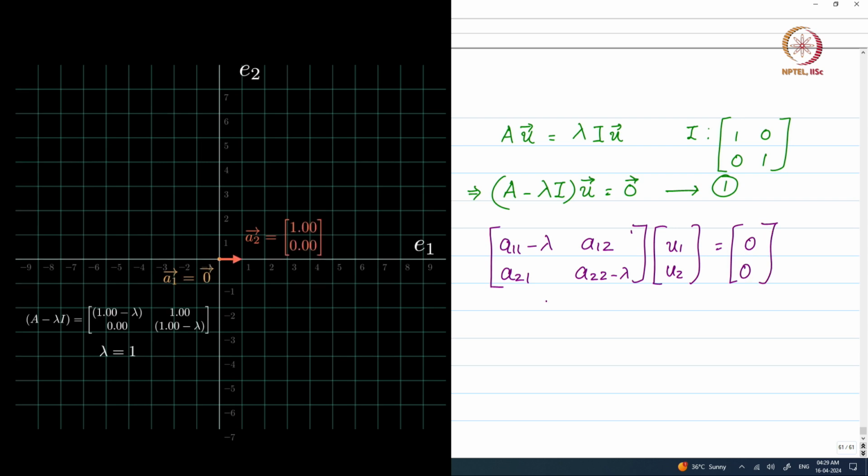This is what we want. So, this is basically equal to some other system Bu is equal to 0. That means you are looking for the solution to the homogeneous system of equations, which is nothing but A minus lambda I times u is equal to 0.